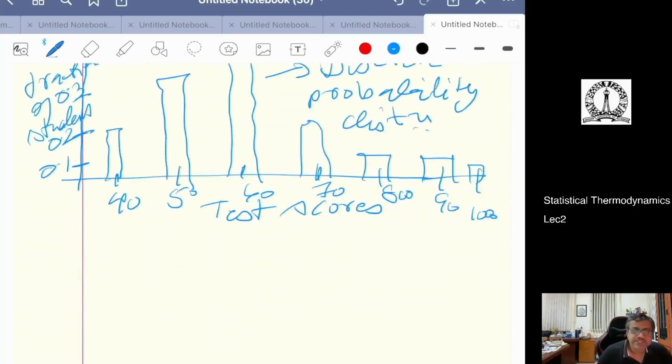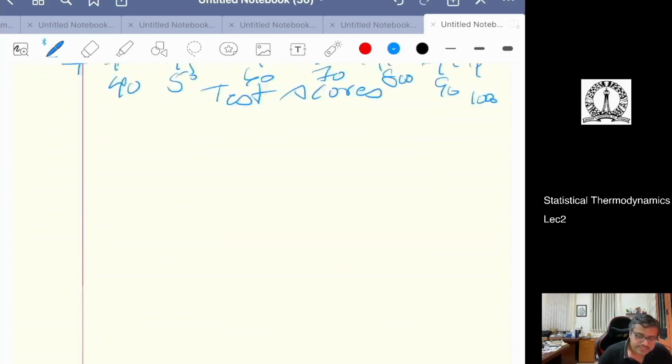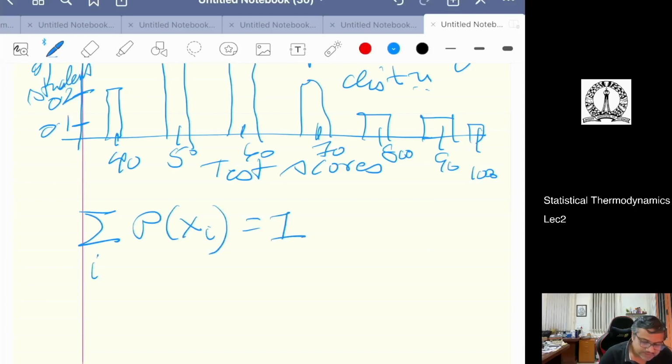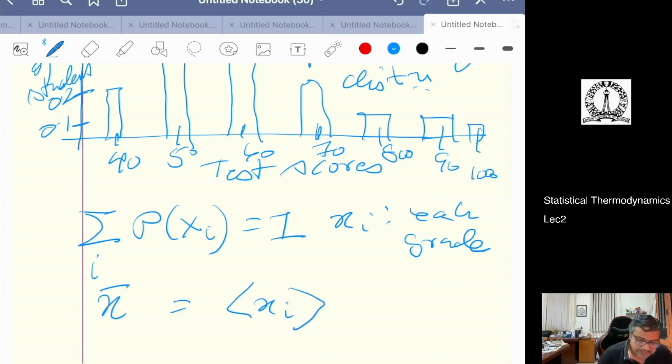Discrete probability distribution means that when you sum the probability of the individual scores, from i equal to 1, where xi is basically each grade. Right? So when you write x bar, this is how I write. This is called Dirac notation.